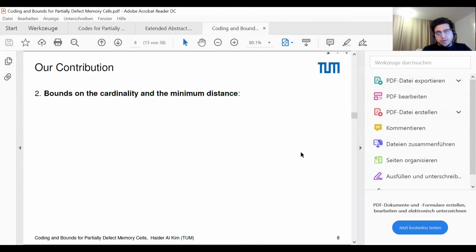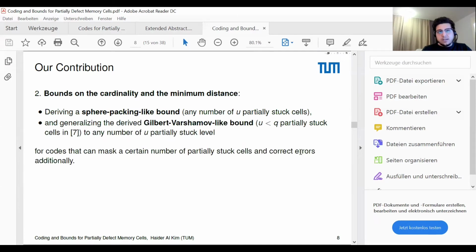Then we derived bounds on the cardinality and minimum distances. This is a derived sphere packing-like bound, based on the sphere packing bound, for any number of partially stuck cells, and we also derived a generalized Gilbert-Varshamov-like bound. We already presented in ACCT a Gilbert-Varshamov-like bound for u less than q, but in this new work we extended this, and we have now a generalization.